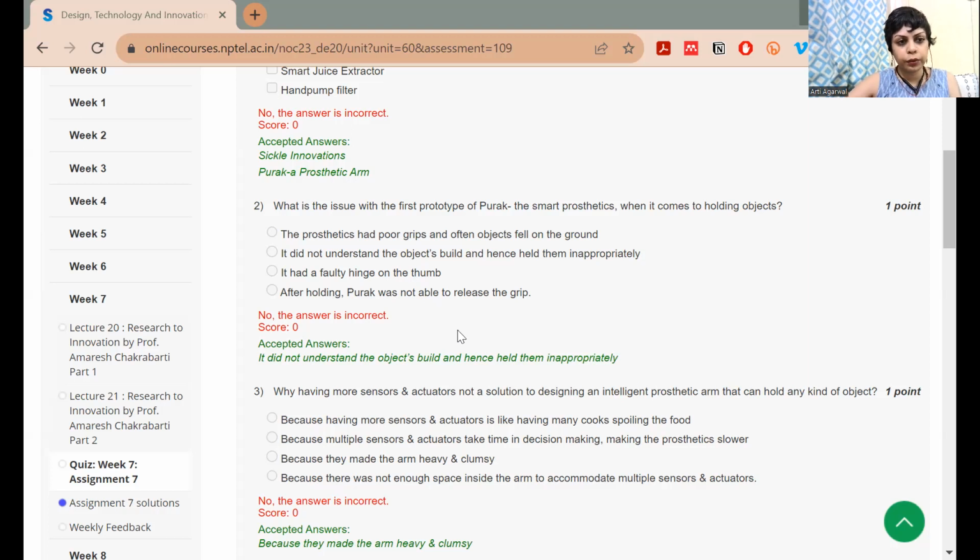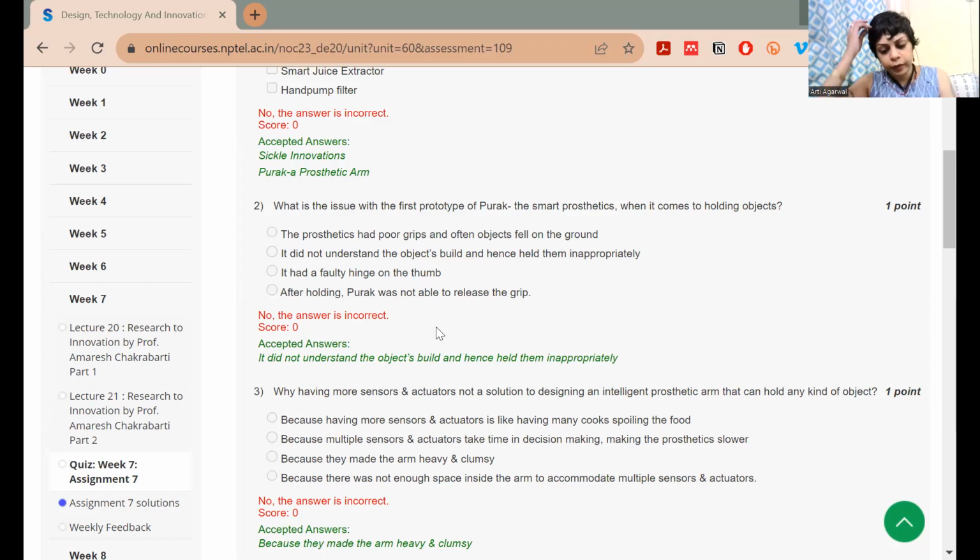So the correct answer, actually, Professor Chakrabarty has explained this in the lecture, that the smart prosthetic was actually not designed to understand the object's build. It did not work for objects of all different types of build. Sometimes you need a different type of grip to hold different types of objects. Some objects you hold like this, some objects you hold like this.